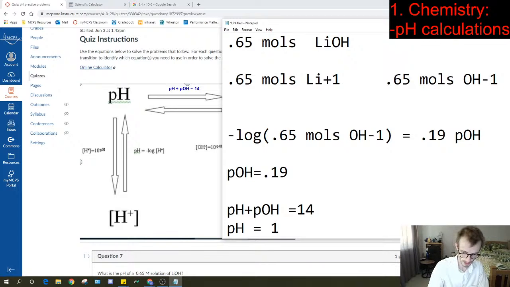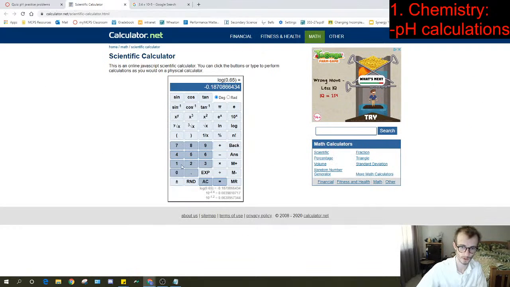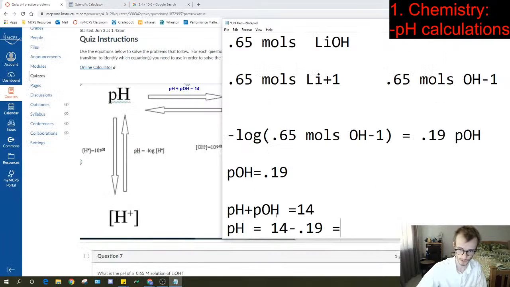So I should have 14 minus the pOH, 14 minus 0.19. I'm going to put that in my calculator. 14 minus 0.19 is 13.81.